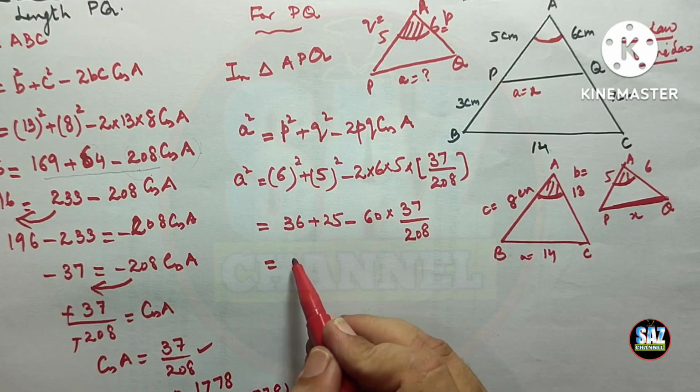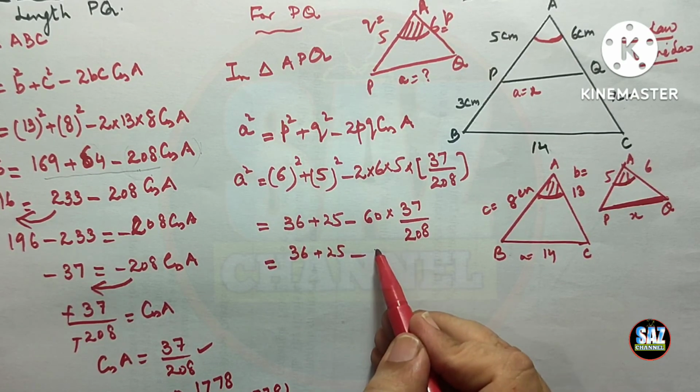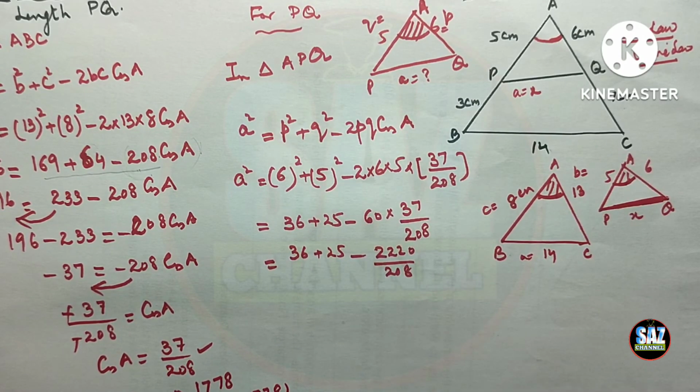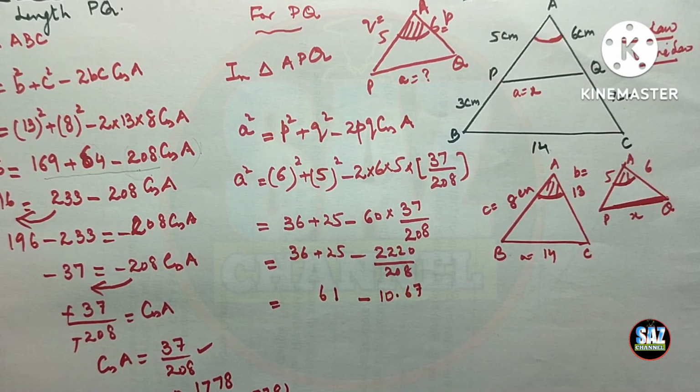This gives me 36 plus 25 minus 10.67, and 36 plus 25 is 61. So 61 minus 10.67, and a square will be equal to 50.33.